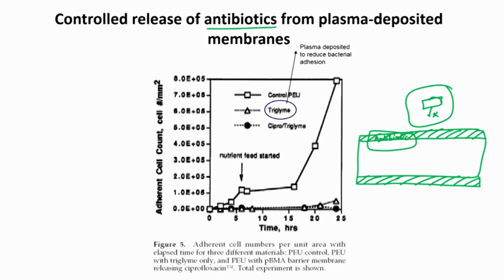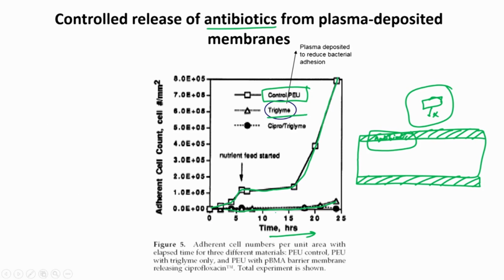So, at this point they are looking at how much bacteria is able to adhere to an implant. In this case they have used a polymer called PEU. So, here is your control graph. You can see that the adherence is increasing quite a lot as time increases. However, you can have an antibiotic called triclosan released from this, and you do not really see much adherence even after 18-20 hours, after which it starts to increase a bit.